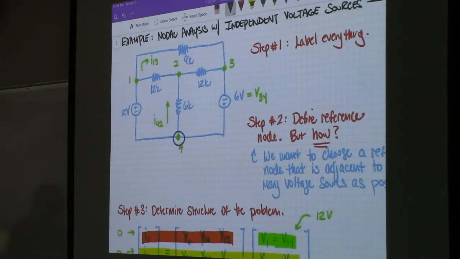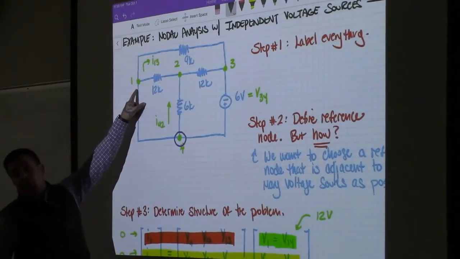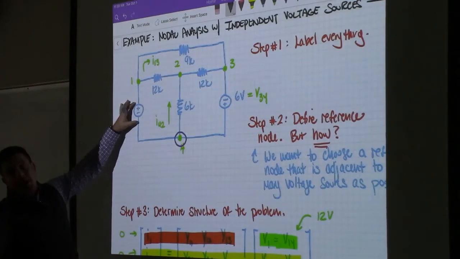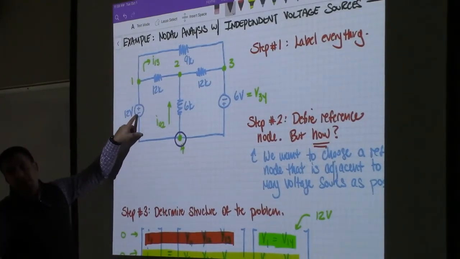What we're going to do is we're going to replace, no longer will we use KCL. Let's say we had a dependent source here. We can't use KCL at node number 1 because we won't know what the current injected by the dependent source is going to be. We can't get rid of it because it's not a known value.